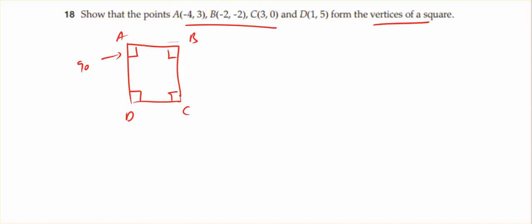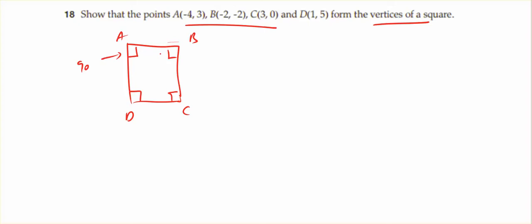So the gradient of AD and the gradient of AB multiplied together give you -1, and the gradients of AB and BC multiplied together give -1, and BC and CD, when you multiply the gradients together, you should get -1, and also CD and DA, when you multiply the gradients together, you should get -1.